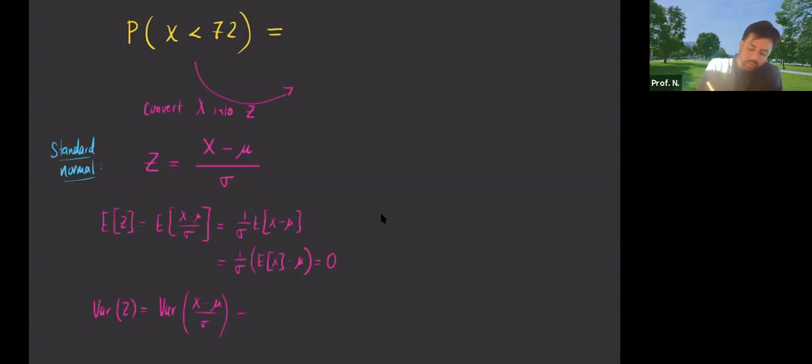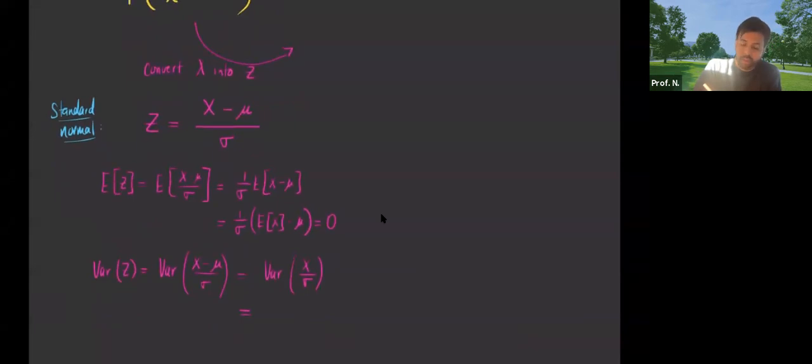And remember, when you add or subtract a constant, it doesn't affect it. So this is the same thing as the variance of X over sigma. But when you take out a constant, which is what sigma is, this becomes 1 over sigma squared. And the variance of X is sigma squared because the standard deviation is sigma. So this equals 1. The variance of Z is 1, which indicates that the standard deviation of Z is also 1.